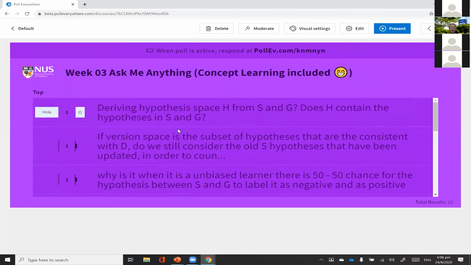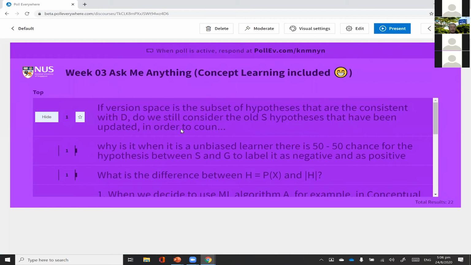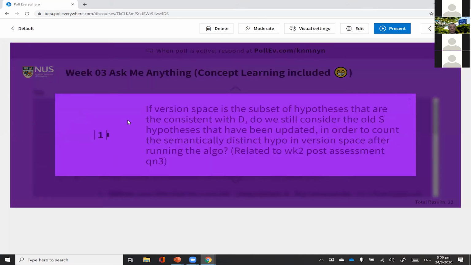If version space is the subset of hypotheses that are consistent with D, do we still consider the old S that have been updated in order to count the semantically distinct hypotheses in the version space after running the algorithm?